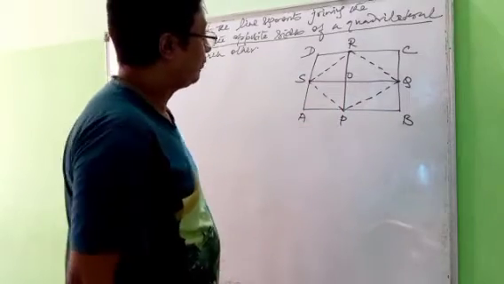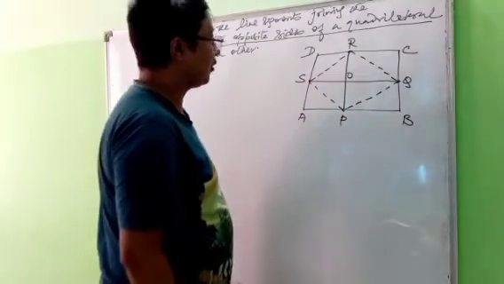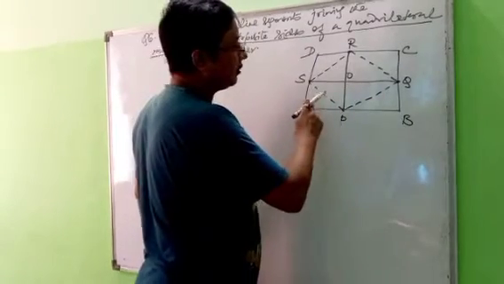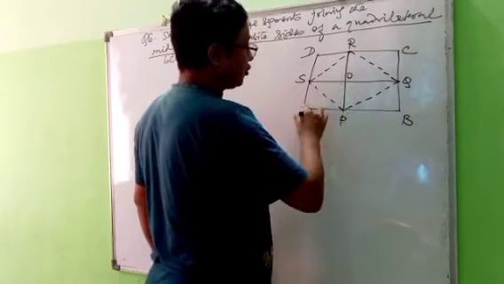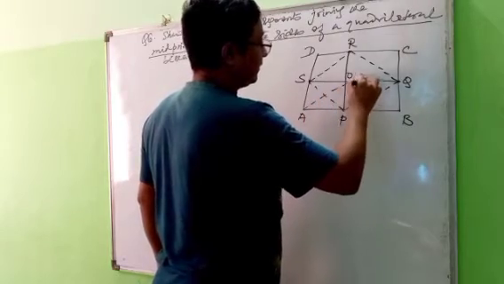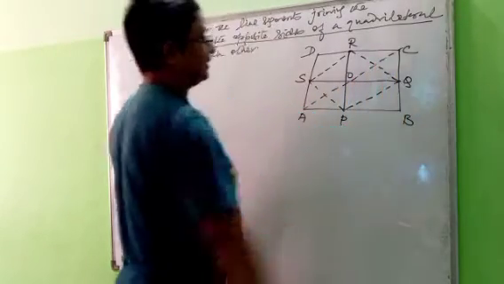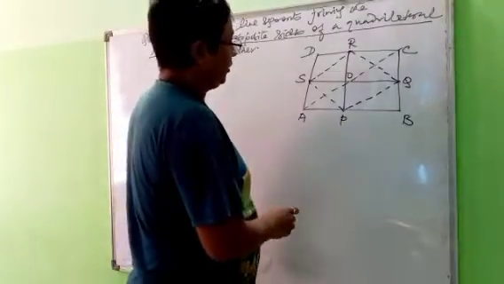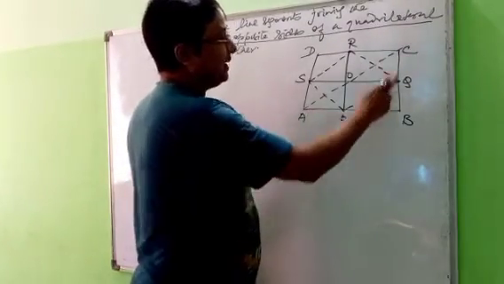Now what we will do is join one of the diagonals. You can join either BD or AC. Let us join AC. Now here you have got the triangle ABC.